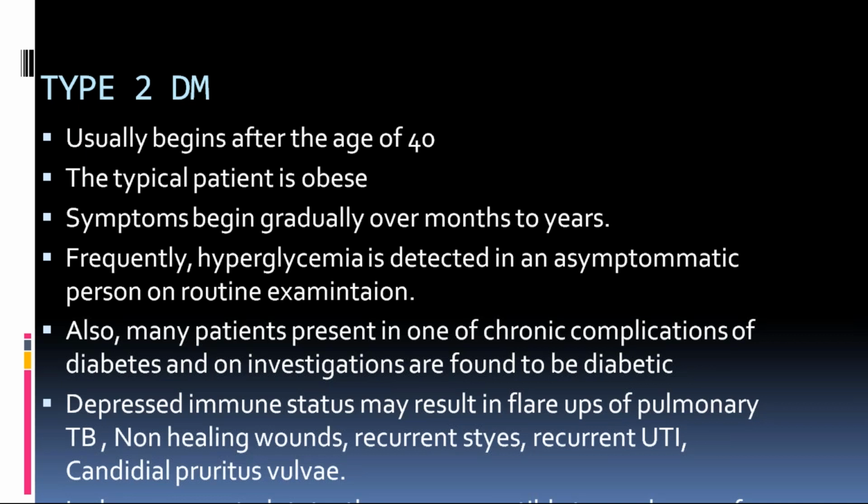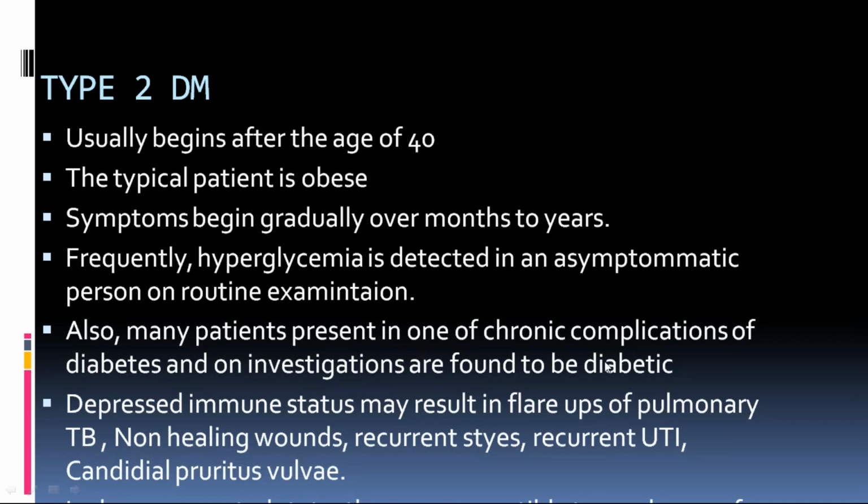But most of the time patients consider all this normal and they go on with their routine life, and usually hyperglycemia is detected on routine examination. Also, many patients present with one of the chronic complications of diabetes. They may be carrying the disease for a period of years, and ultimately the complications set in, and on investigation they're found to be diabetic.